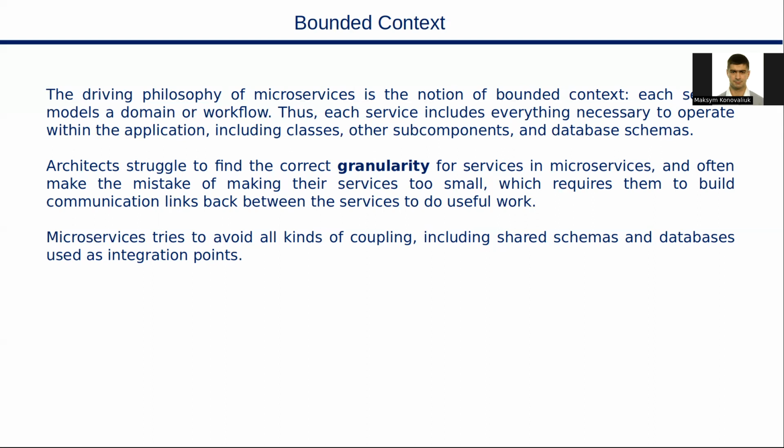This is one of the mistakes, because a lot of architecture designers think that since it's named microservices, with the keyword micro, it should be micro. But it doesn't mean that you have to make it as small as possible.